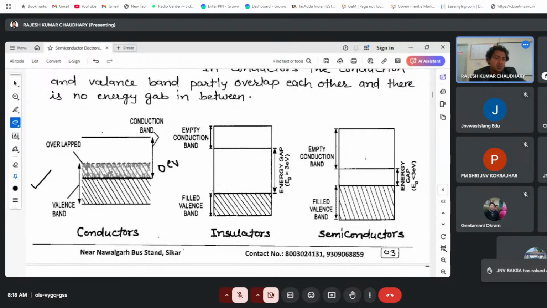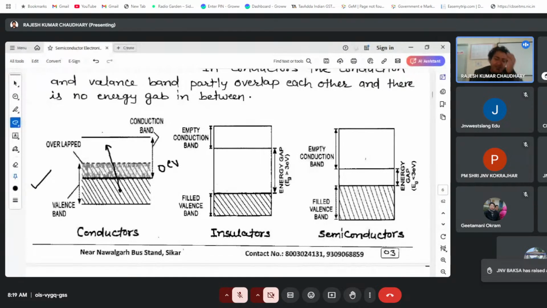Understood? So if it is very narrow, you can jump it easily. And suppose there is no gap at all, you can easily walk. In the same way, if I am an electron, I can walk very easily. No need to jump to go from the valence band to the conduction band. Please try to understand.